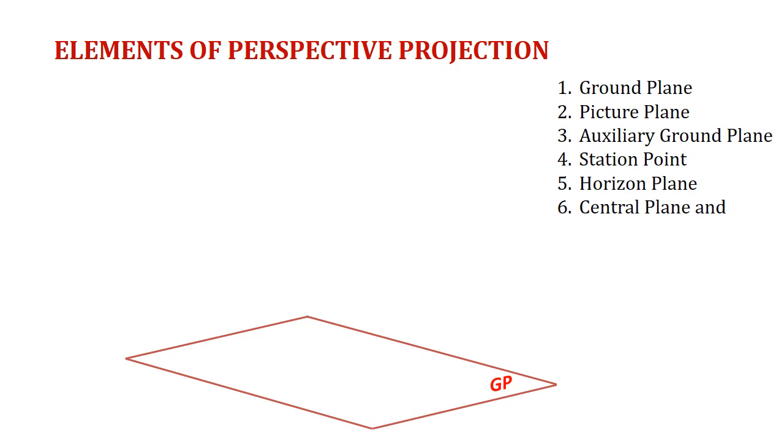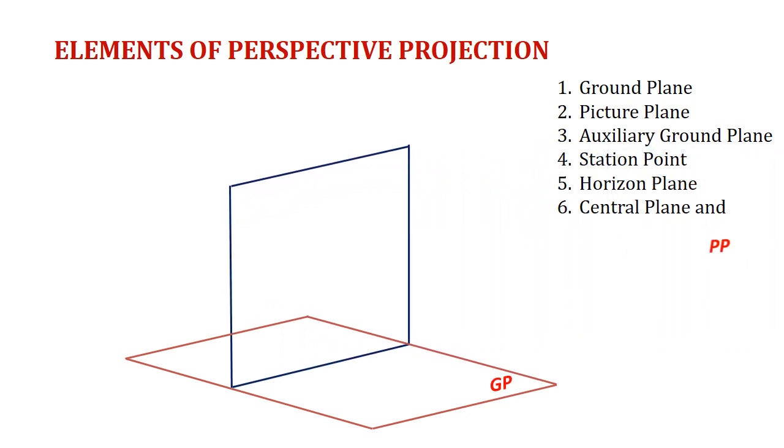It is denoted with GP. The second one is the picture plane. It is a vertical transparent plane where the perspective view is formed. It is denoted with PP.